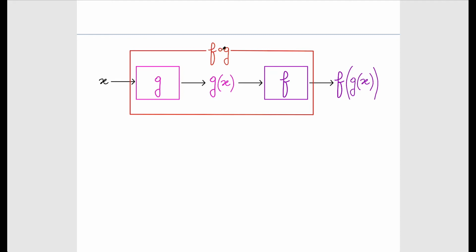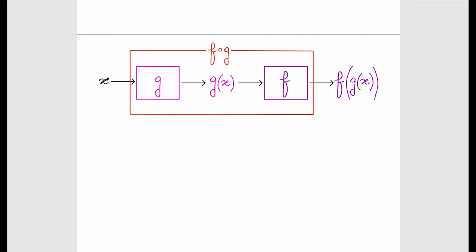So f circle g is a function that operates as follows. You send in an x in this composite function, f circle g. It hits g first. It hits the one that sits on the right first. And then g is going to output g of that input.